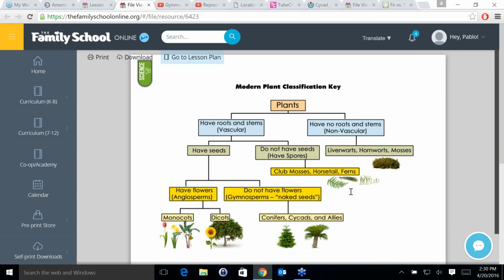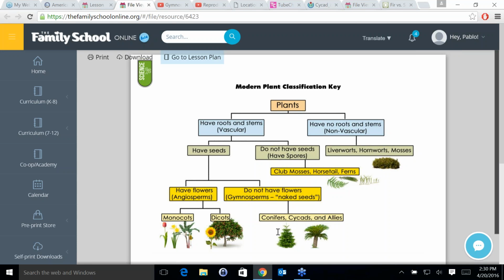Okay, what was the means of transportation of the sperm? Samuel says water. Excellent. Yes. So these plants need a lot of water in order to fertilize.